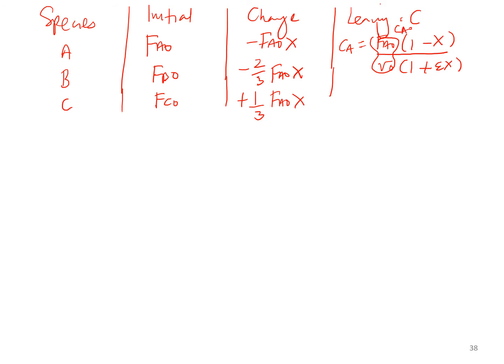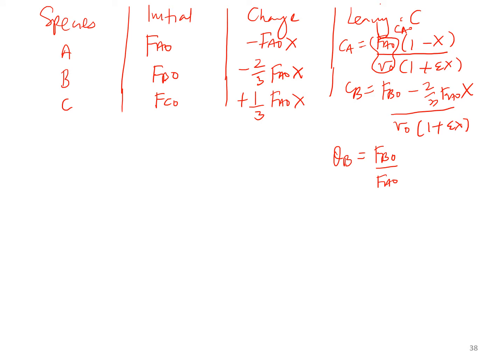For B, CB is equal to FB naught minus 2 over 3 FA naught X, over V naught times 1 plus epsilon X. Remember theta B is equal to FB naught over FA naught, so FB naught is defined as theta B times FA naught.